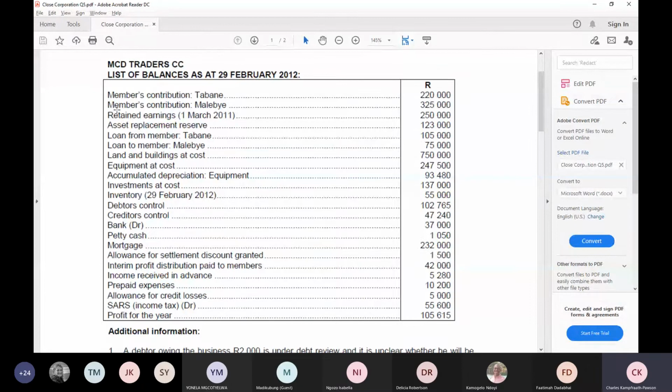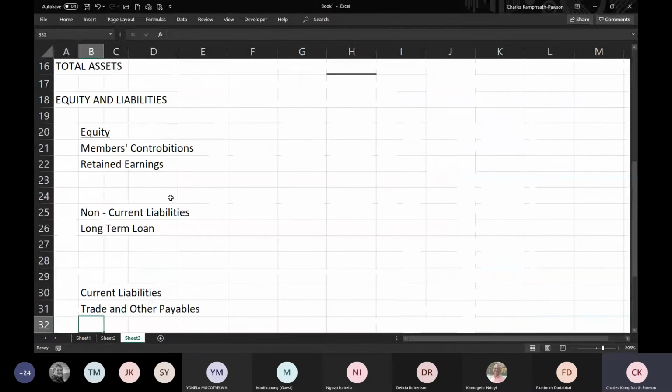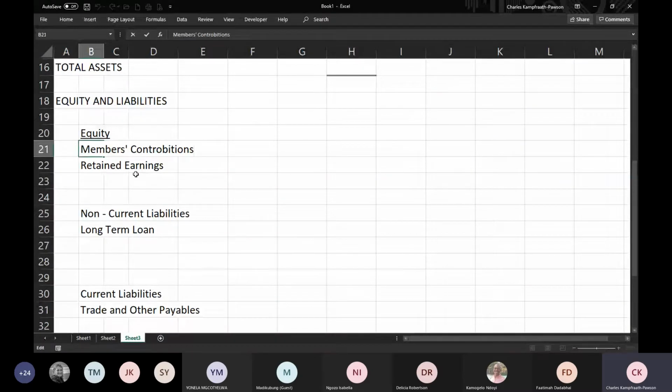Let's already put it in, 220 plus 325. We don't know if that's the only movement, but it's on our answer sheet.